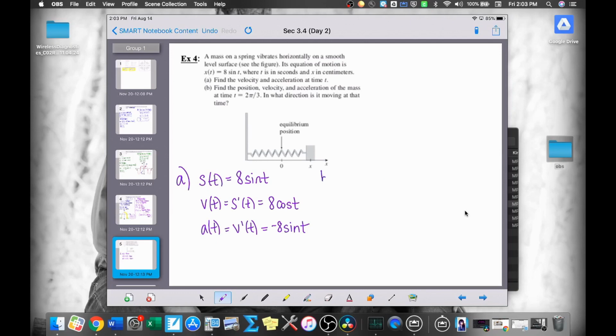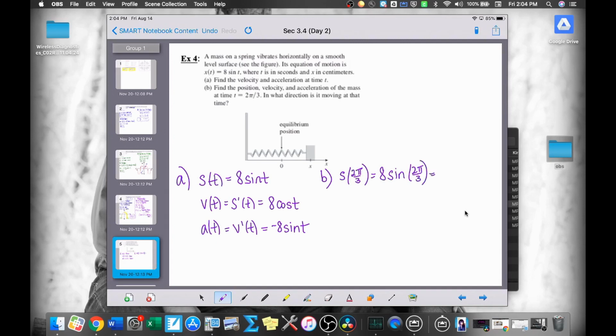Then part B asks us to find the position, velocity, and acceleration at t equals 2 pi over 3 seconds. So now this is easy to do. All I have to do is plug in 2 pi over 3 for t in each of my equations. So the position at 2 pi over 3 seconds is going to be equal to 8 times the sine of 2 pi over 3.